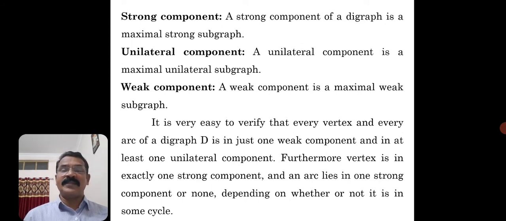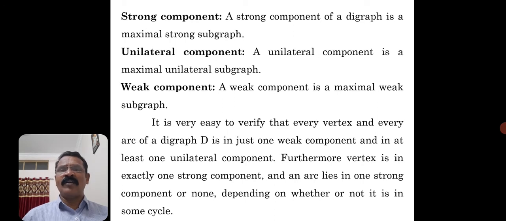So graph, subgraph, maximal subgraph, what we have studied in case of undirected graphs, here there is a slight difference. So these are the three different kinds of components: a strong component, a unilateral component and a weak component. In all these cases, depending on the word strong, unilateral or weak, there must be a maximal subgraph of that kind.